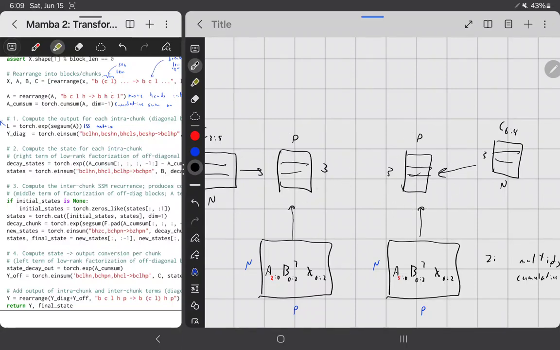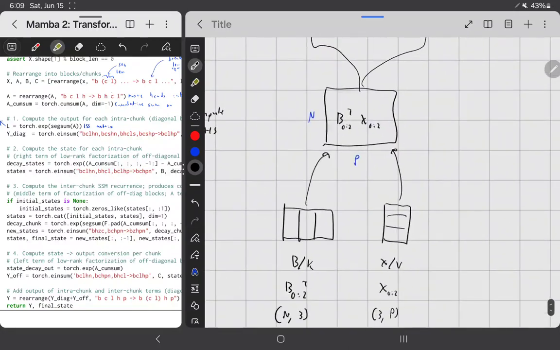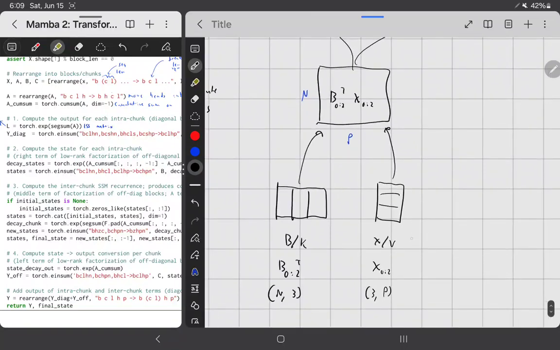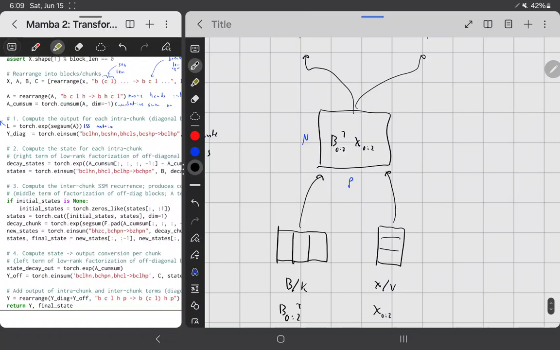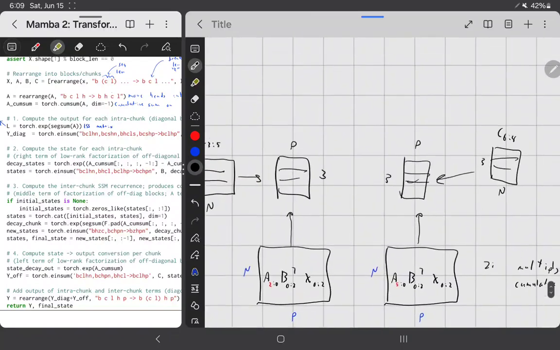Note that these are not 3 by 3 matrices, they are just 3 matrices. They don't have a second dimension, and that's because we multiply by the values here. So we're already doing this post-output projection at the beginning step. We're not doing it at the end step. So that's why we result in one dimension of size 3, not 2.